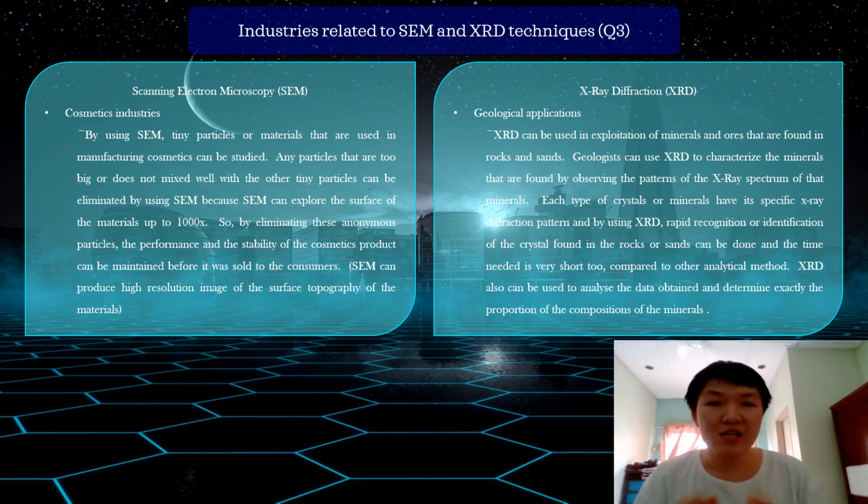Each type of crystal or mineral has its unique X-ray diffraction pattern, and by using XRD, rapid recognition and identification of the crystal can be done easily, and the time needed is also very short compared to other analytical methods such as TEM or NMR.